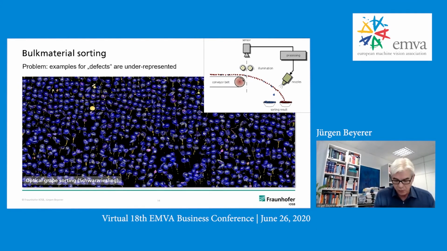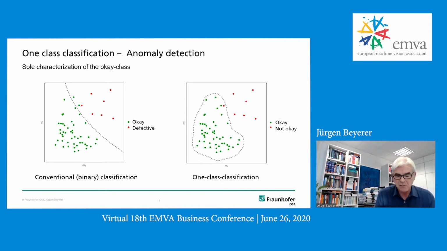So we learn only with the good class, and this leads, like in the case of the texture example, instead of a multi-class classification, to the problem of a one-class classification. For the okay class, we have enough data, and one tries to enclose the data in the feature space as close as possible with a smooth boundary.